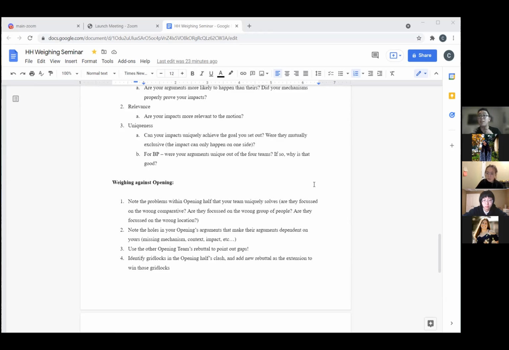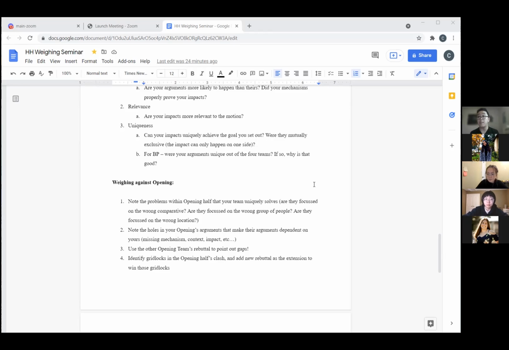In that instance, what you want to do is identify that there is a gridlock going on in opening half, that there is a tie essentially with their arguments, in which neither argument is proven to be more likely than the other, or neither argument is proven to be more important than the other. That's when you can uniquely position yourself in two ways.